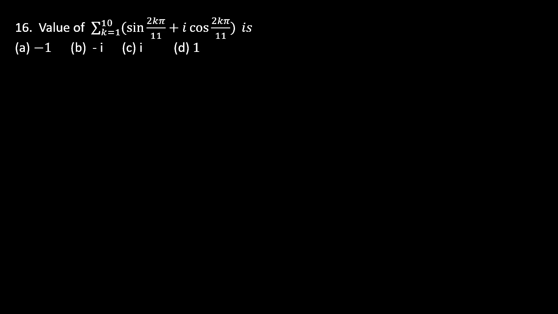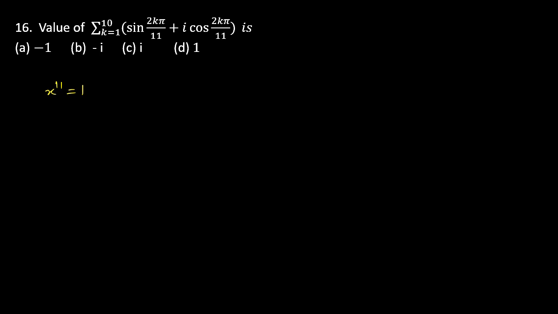The value of the summation of sin 2k pi by 11 plus i cos 2k pi by 11, k equal to 1 to 10, is minus 1, i, minus i, or 1. Just consider the equation x to the power 11 equal to 1.